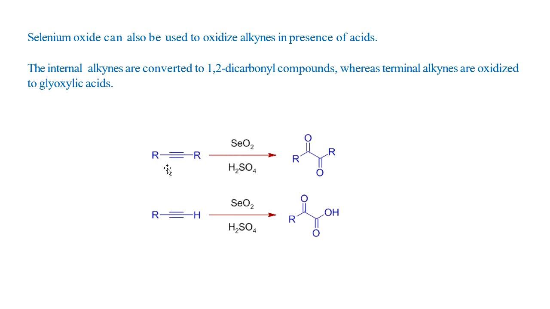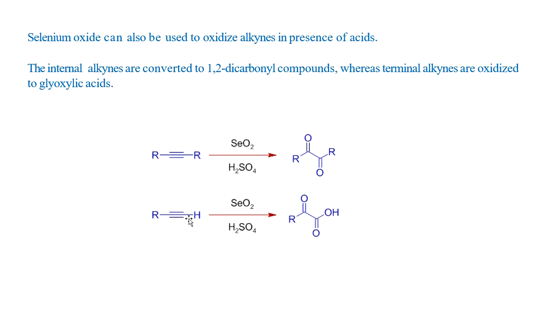Selenium dioxide oxidizes alkynes in presence of acid. For example, it oxidizes internal alkynes to 1,2 dicarbonyl compounds, whereas terminal alkynes get oxidized to glyoxylic acid.